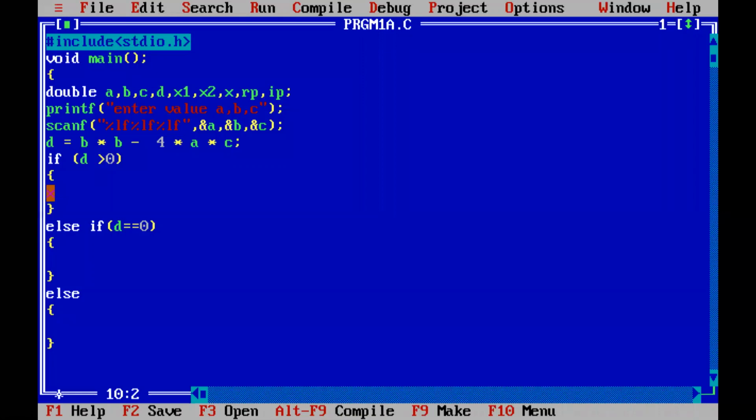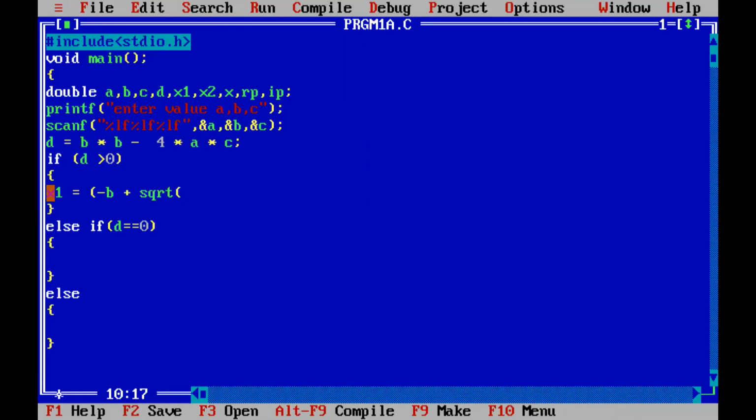So if d is greater than 0, there will be two roots, right? So we are going to calculate the value of the root, minus b plus or minus, right? So here we are finding the square root.